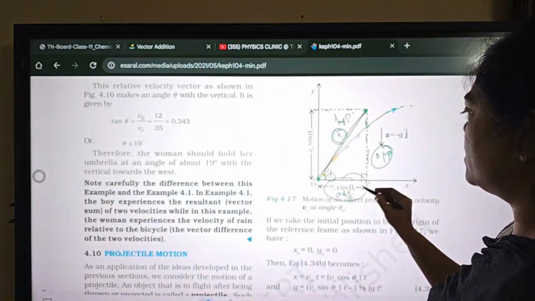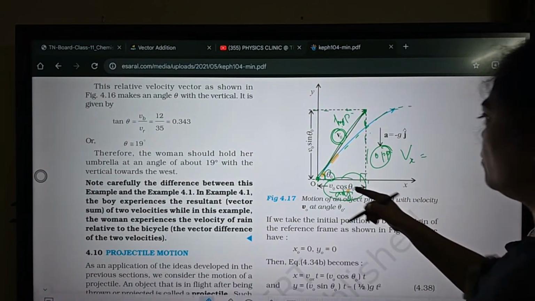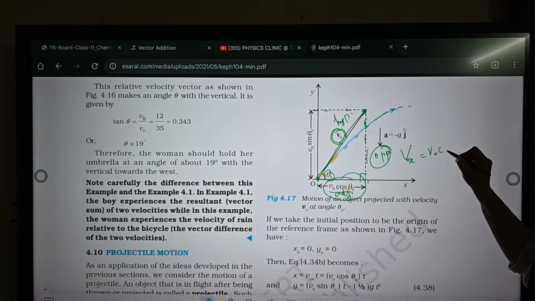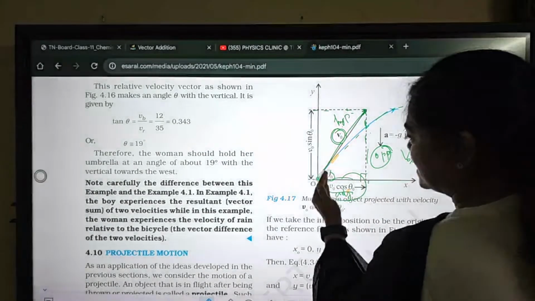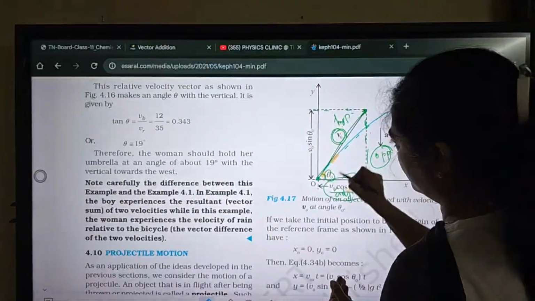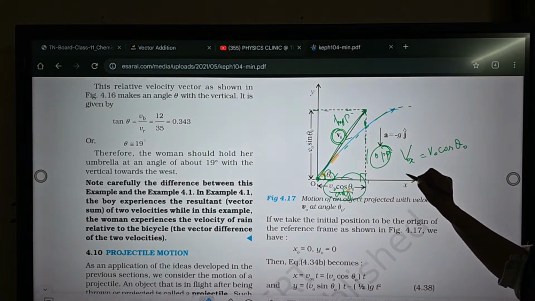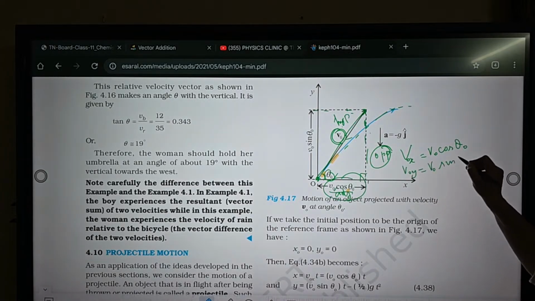So we are considering this as the Vx component. What is the V naught x component? It is V naught cos theta naught. We are talking about the initial position, so that naught is there. What is the V naught y component? V naught sin theta naught.